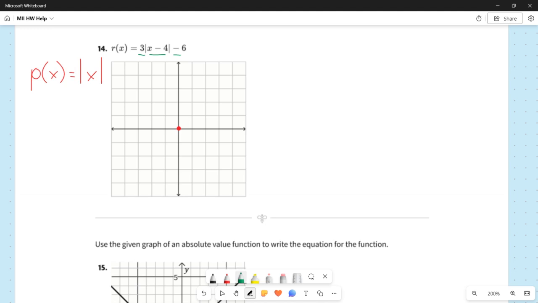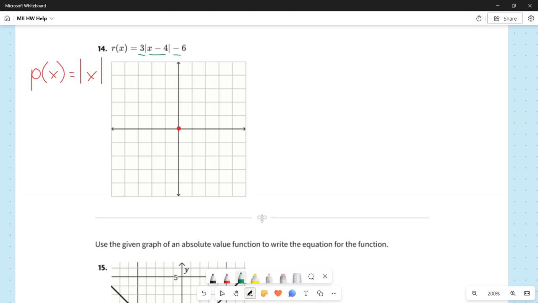So the x minus 4, like I said, is a horizontal shift. And when it's minus, like it is in this case, that tells us that we're going to go to the right. So x minus 4 means we have a horizontal shift to the right.